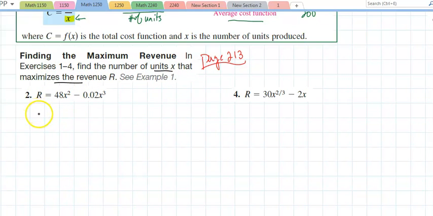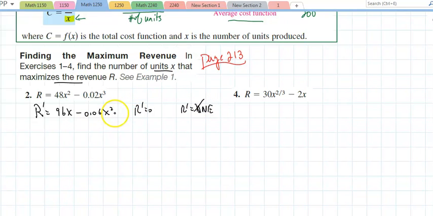Okay, let's see. Maximize. Maximum or minimum, I know how that works. That works with a derivative. Isn't that 96x minus 0.06x squared? So I need the critical numbers. I need to know, where does r prime equal 0? Where does r prime not exist? Well, if it's a polynomial, this could never happen.